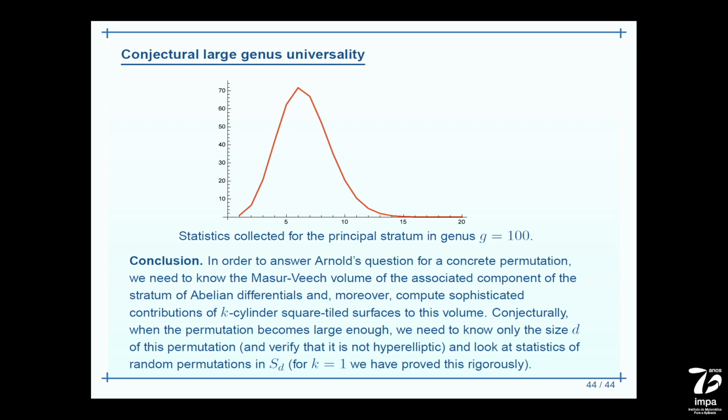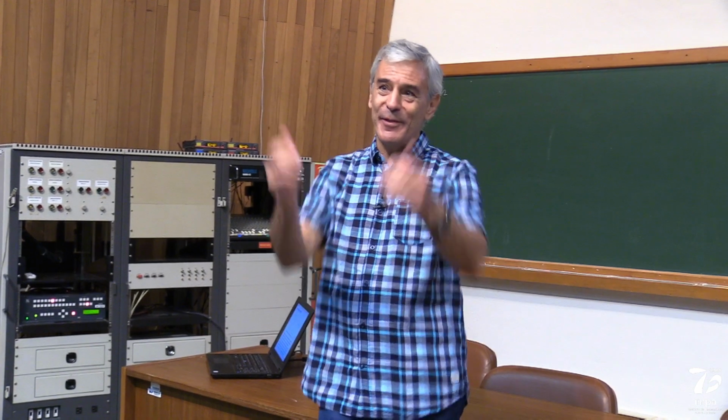But fortunately, in many situations, when you go to higher genus, despite the fact that the exact life becomes unbearably complicated, the asymptotic answers are extremely simple and beautiful. So this is propaganda for asymptotic answers. And thank you very much, and happy birthday, Marcelo.